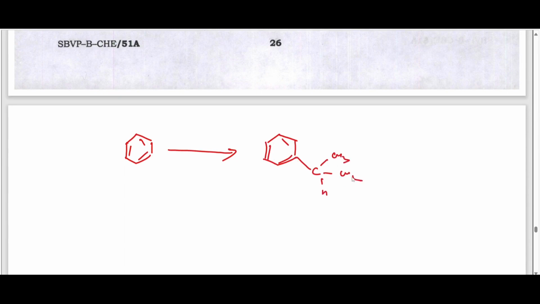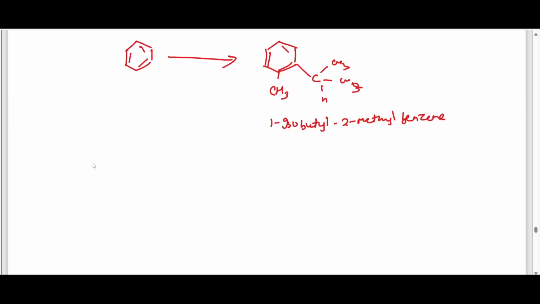Okay. So this is 1-isobutyl 2-methyl, and obtain this product. There will be 4 steps. In the first step, Friedel-Crafts alkylation will occur.